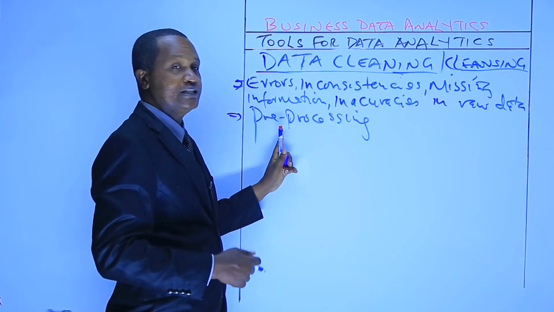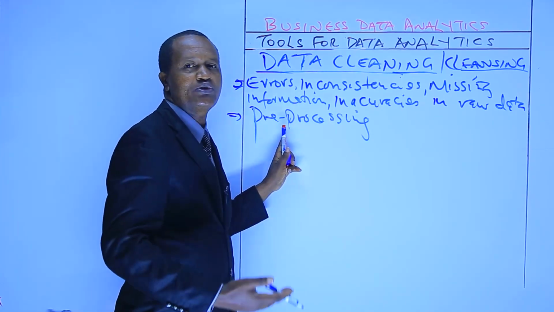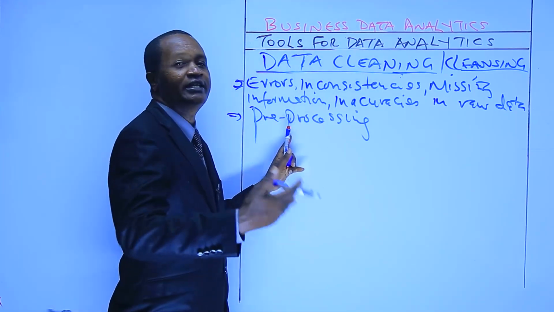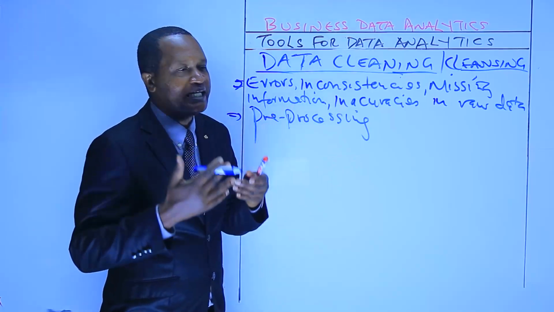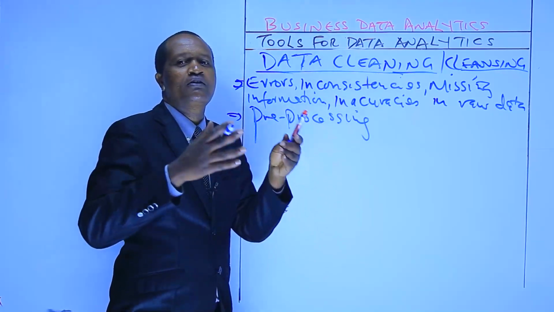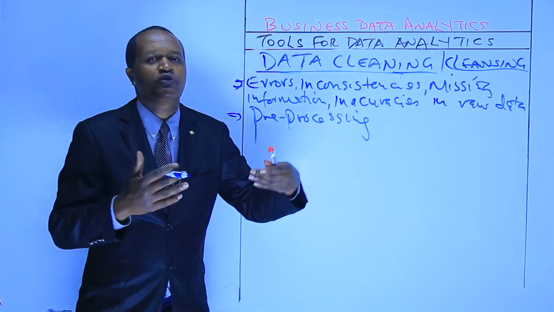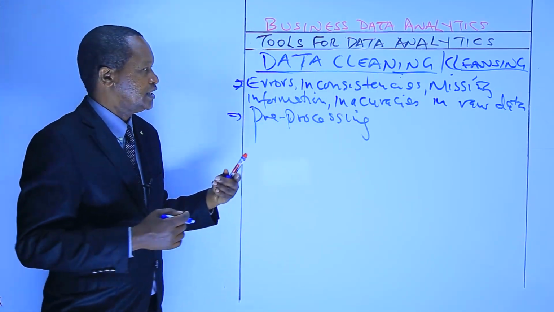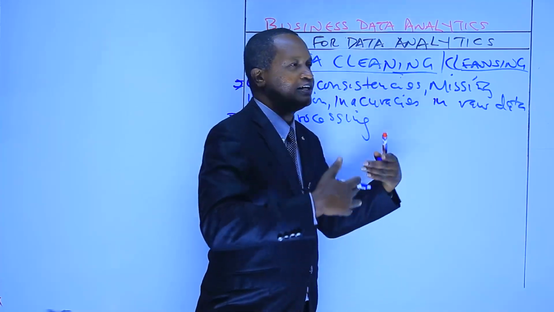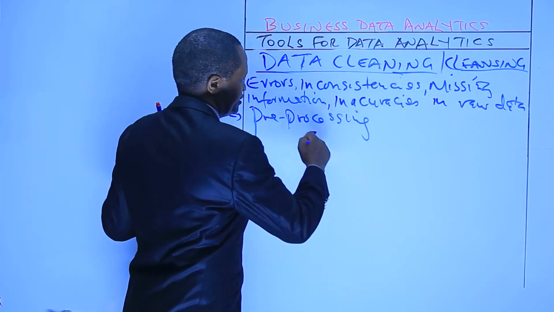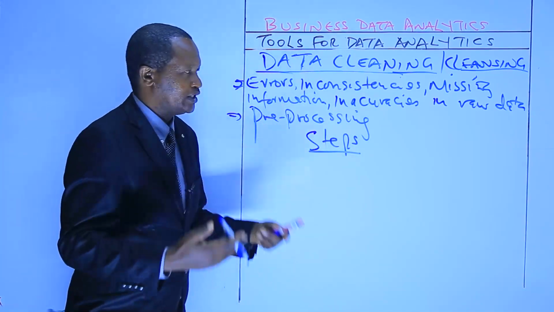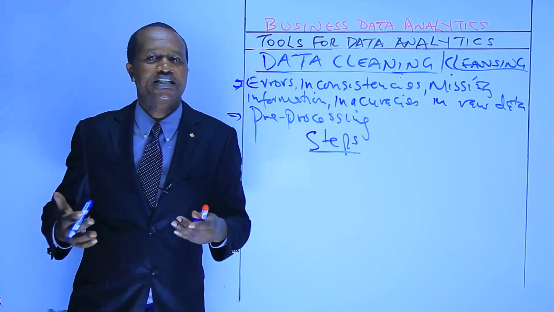It is a very important, essential step in data pre-processing, which involves transforming the raw data into a clean, structured format that is suitable for analysis. And candidates, in data cleaning, there are various steps.